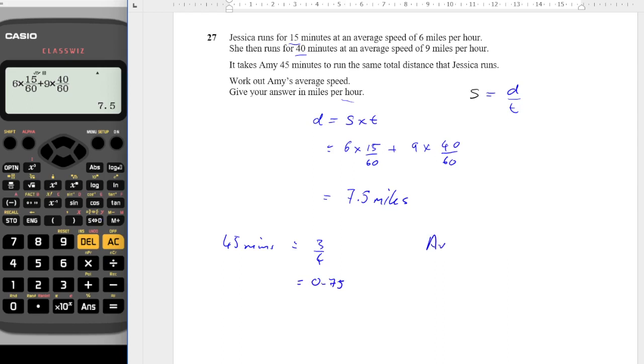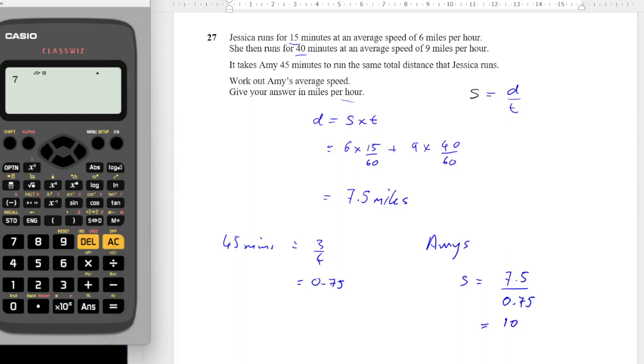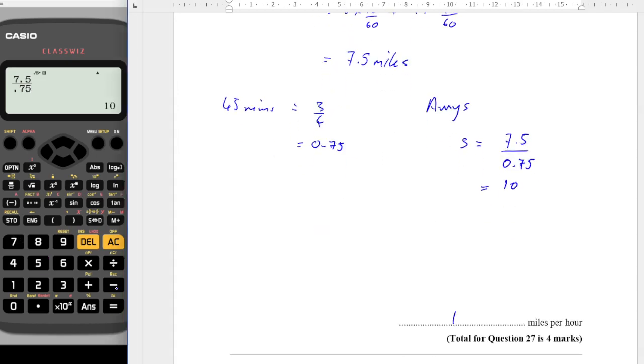So Amy's speed is going to be equal to distance 7.5 divided by 0.75, which is going to be equal to 10. But of course we can do that on our calculator. There we go. So 10 miles per hour.